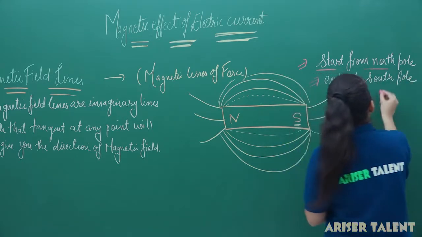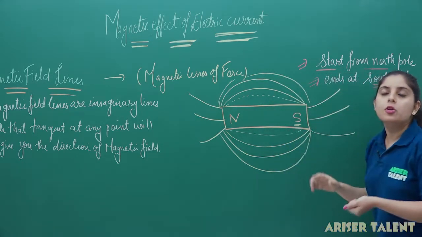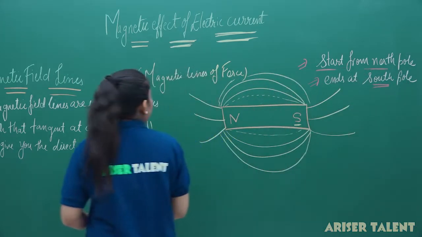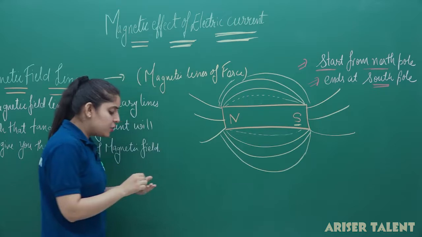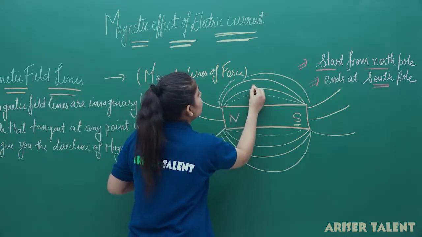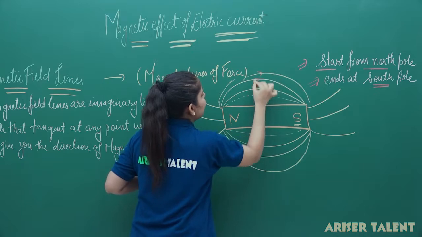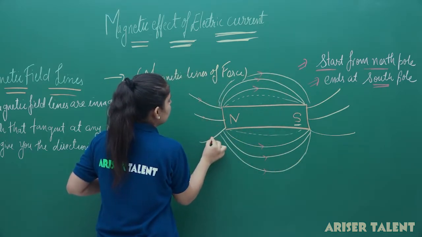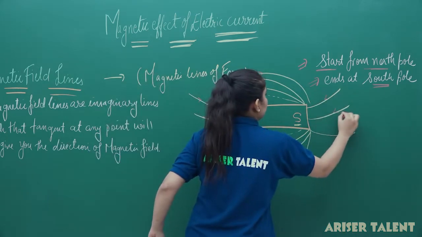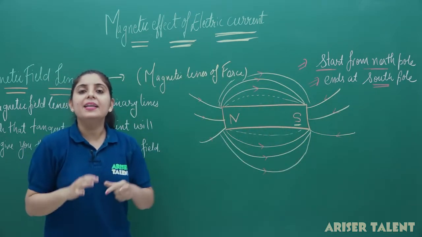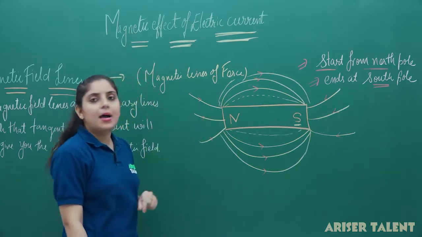Magnetic field lines are imaginary lines, and we call them magnetic lines of force. They start from the north, so the direction will be like this. This is the direction of our magnetic lines of force in the case of the bar magnet.